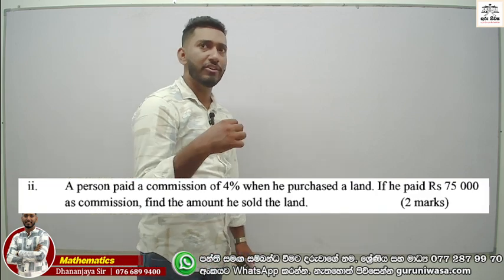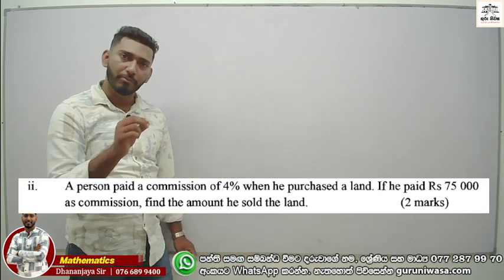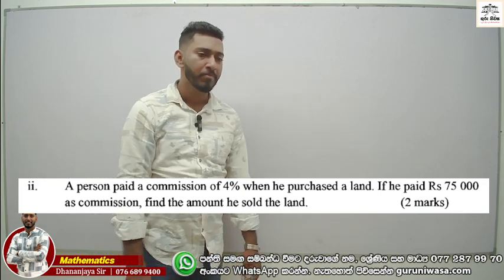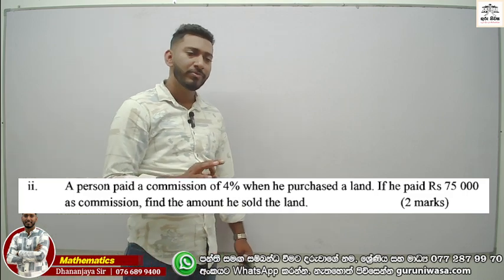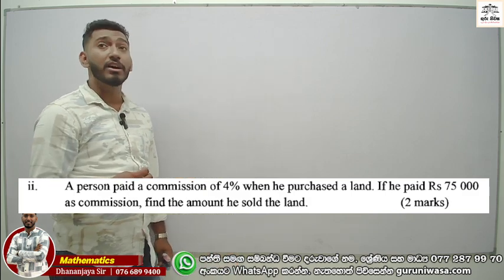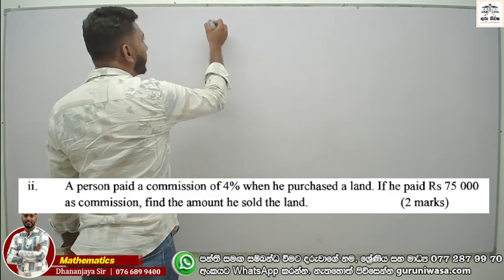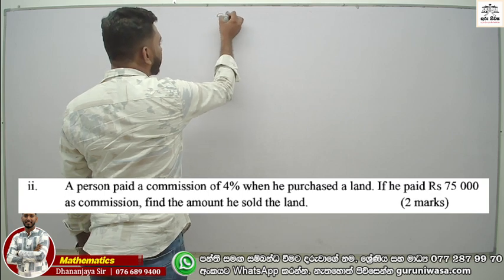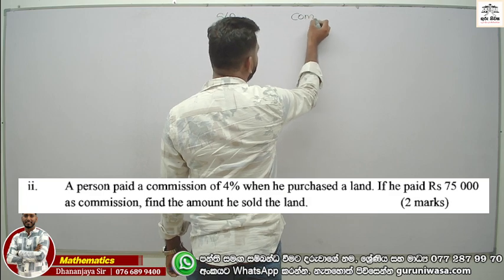Now the landowner must give the commission to the broker. Now look at this. 4% is the commission percentage. If he paid 75,000 as a commission. Now listen. This is the selling price of the land, and this is the commission.